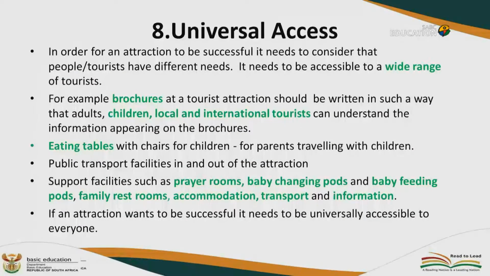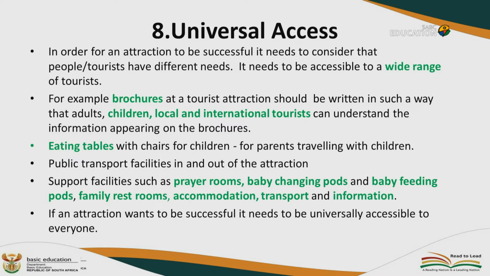And then the eighth factor is universal access. When we talk about universal, we're talking about everyone should have access to an attraction. In order for an attraction to be successful, it needs to consider that tourists have different needs. It needs to be accessible to a wide range of tourists. For example, brochures at a tourist attraction should be written in such a way that adults, children, local and international tourists can understand the information appearing on the brochures.